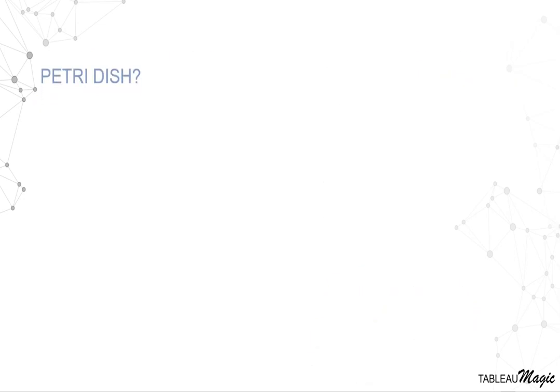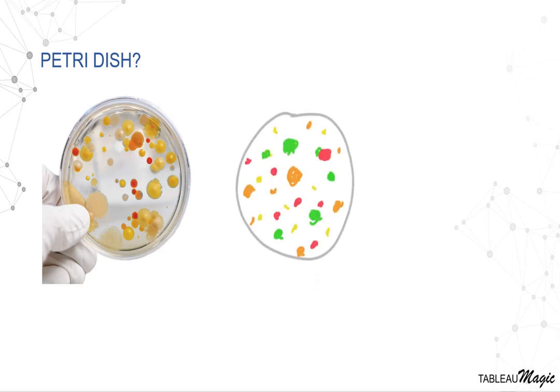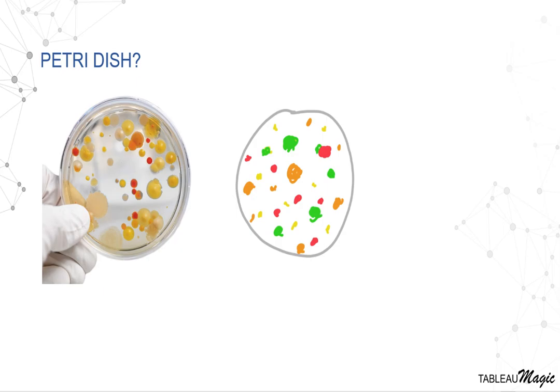Let's take another example. What about Petri dish? I never thought I would actually look at this and think, wow, this will become quite a cool data visualization, but what can it represent? So let's draw it out. And same as the test tubes, we have a container of sorts, in this case, a simple circle that we know we can draw within Tableau. And then we have individual points.